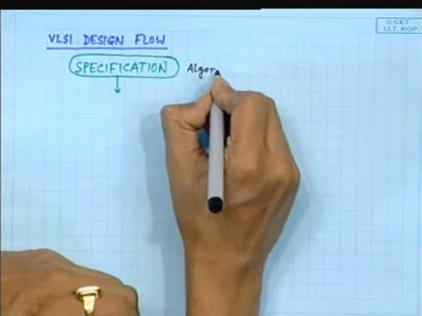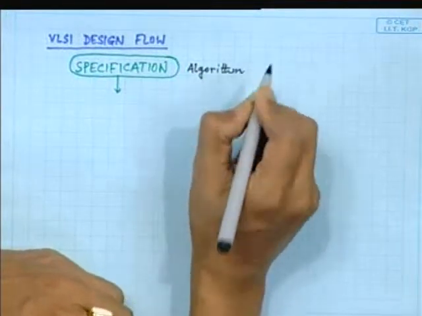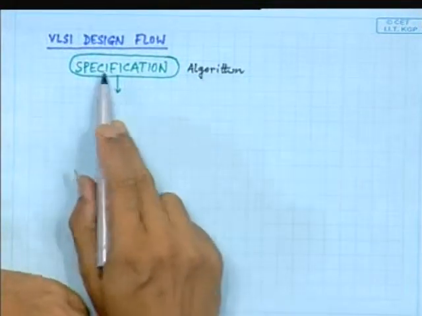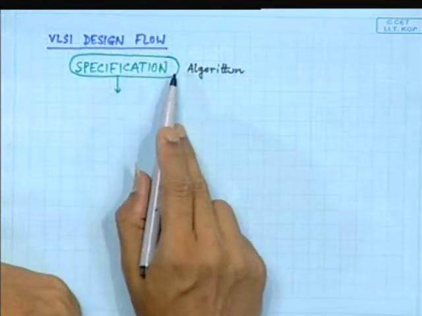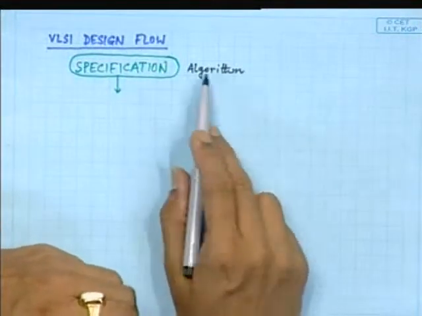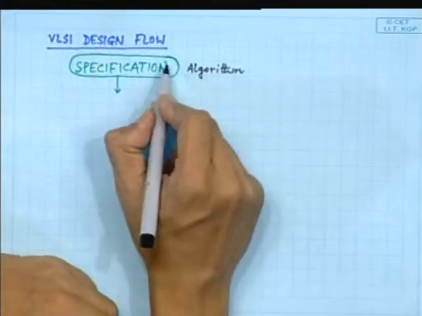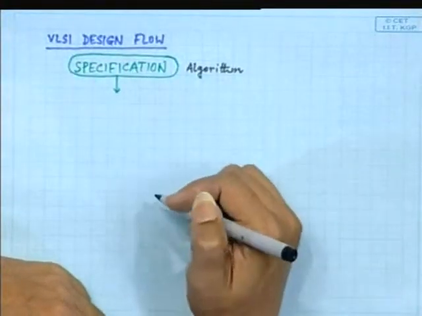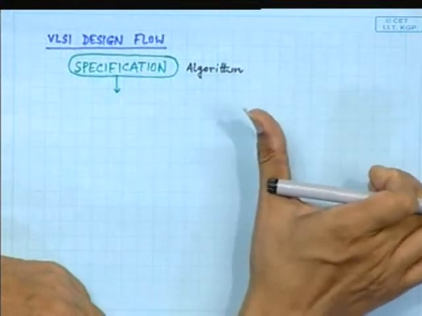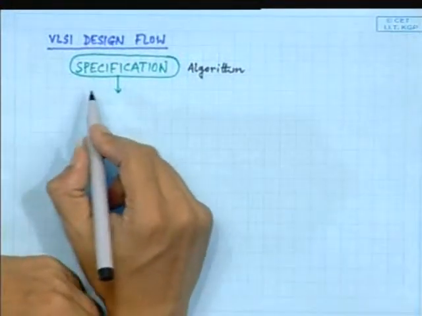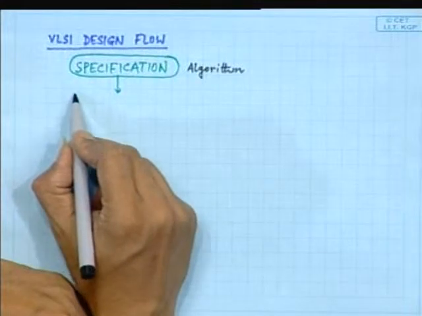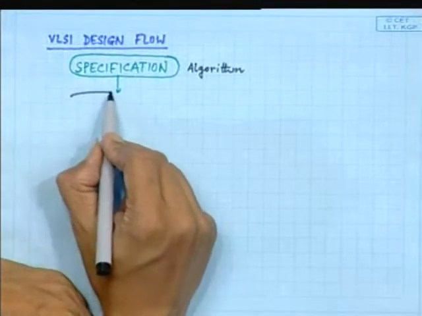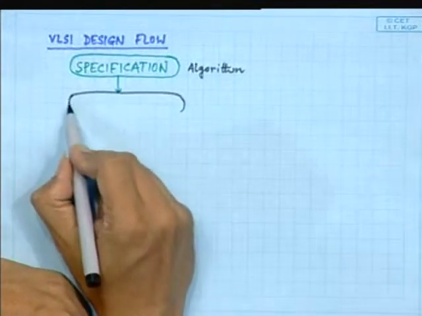Here maybe I have some sort of algorithm by which I specify that the chip should be able to follow this path for deciding something. So it should have some definite rule that given an input specification, it will be able to unambiguously decide what will be the output.